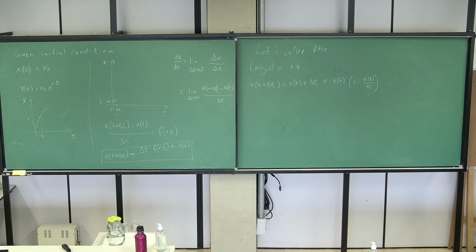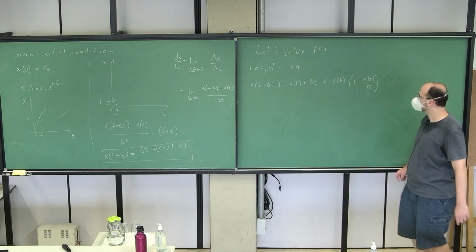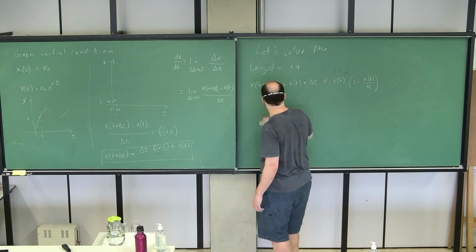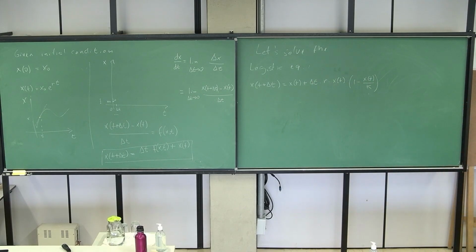Okay. And now let's choose some delta t. So let's choose some numbers. You see that now there's already a bit of a difference here.